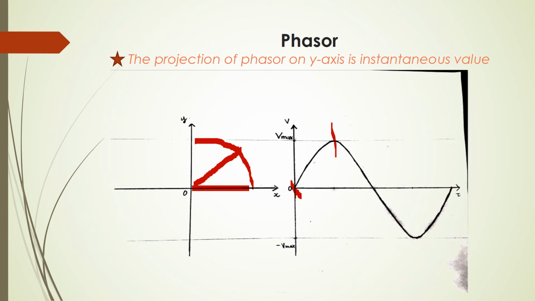And after half of the period, it will equal 0, equal to this point on the graph. And if it continues to rotate, it will return to the initial value, where it has finished one cycle.